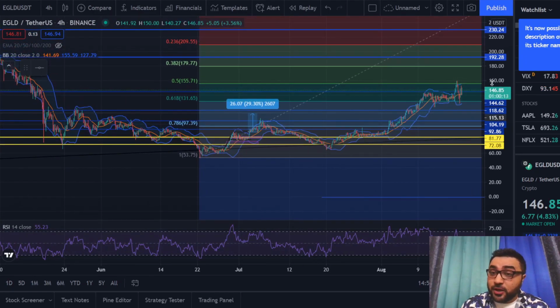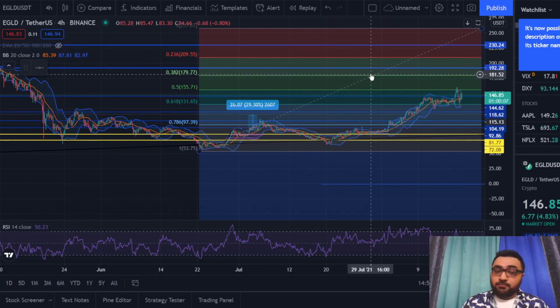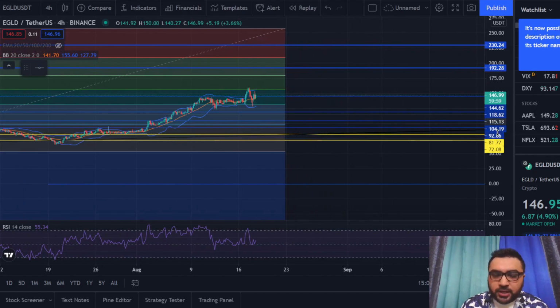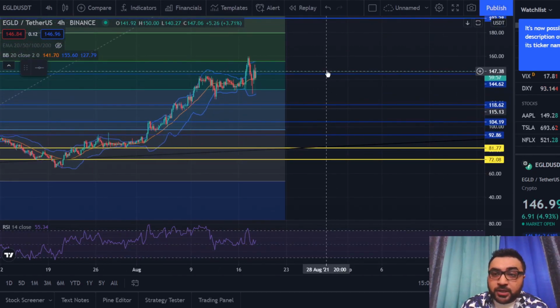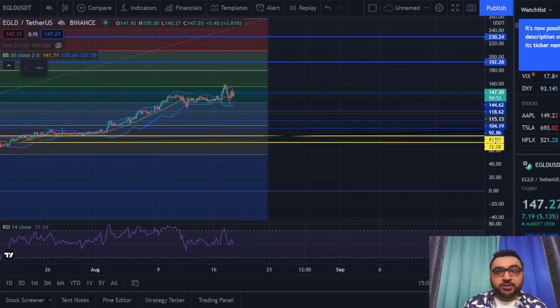And if we're talking very optimistically, we could see as high as a $230 run in the short to medium term, since Maiar is about to get released. So just keep an eye on these levels: the 130 level, the 155 level, also this 180 level, and then the profit targets around 192 and 230.